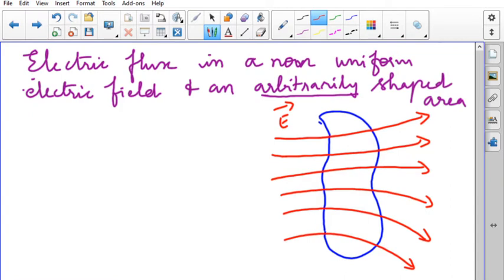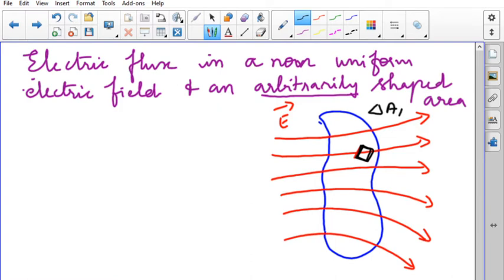So in order to calculate the flux, let us divide the entire area into small segments. We can divide it as a small segment. And take a small segment. So this is a portion delta A1.